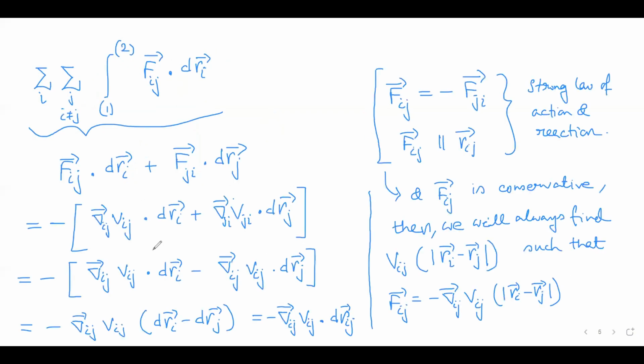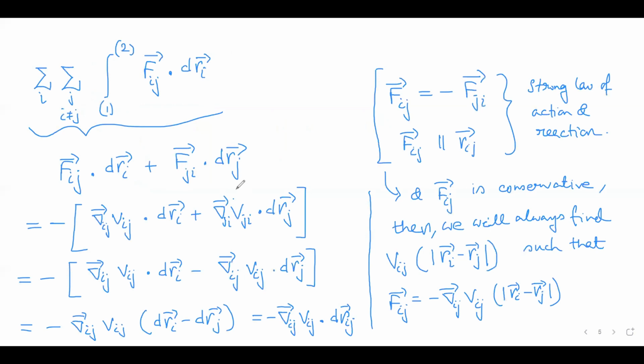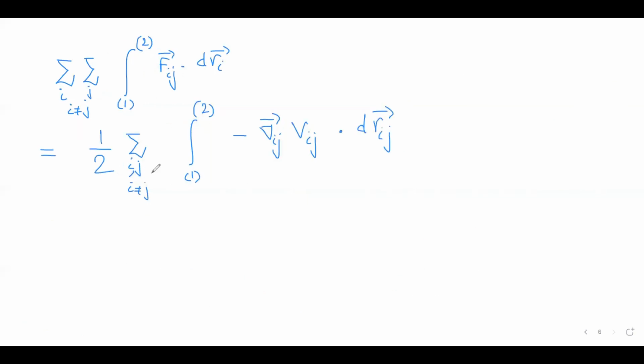Now notice that for each gradient_i Vij dot drij, we are taking two terms like that. So if we keep the summation, we need to multiply by a half, otherwise we will be taking the terms twice.